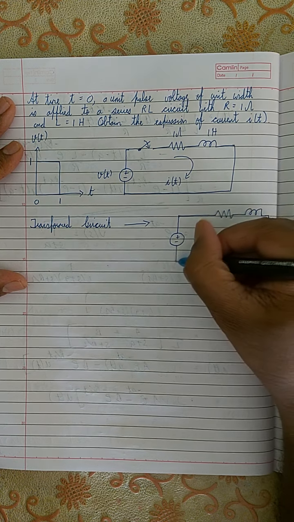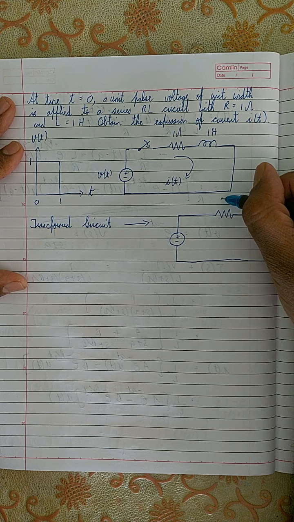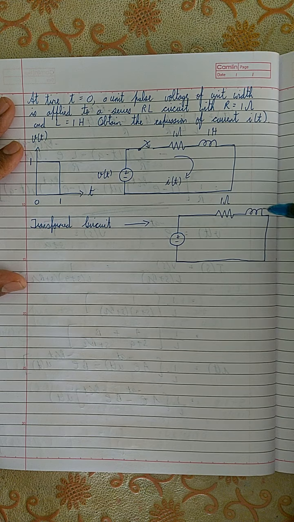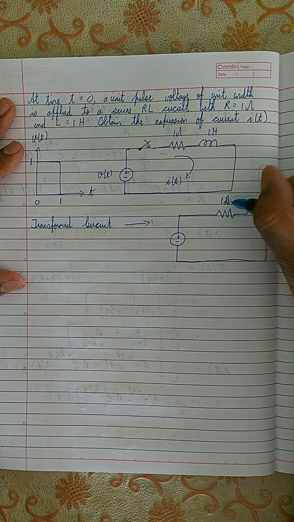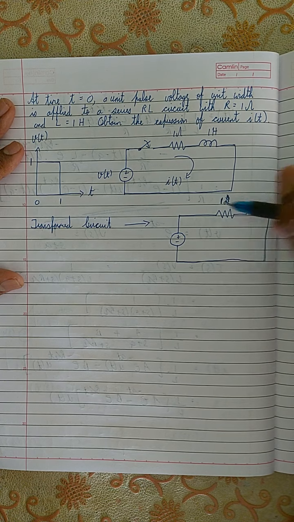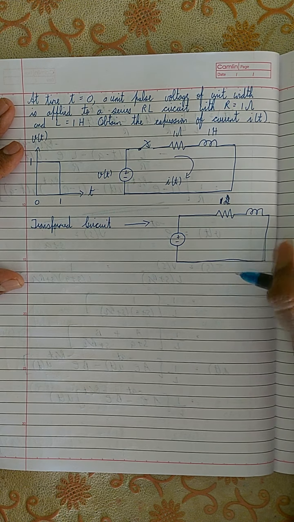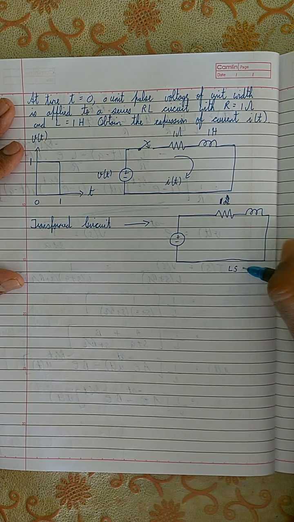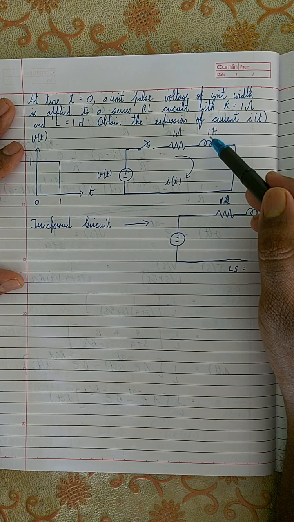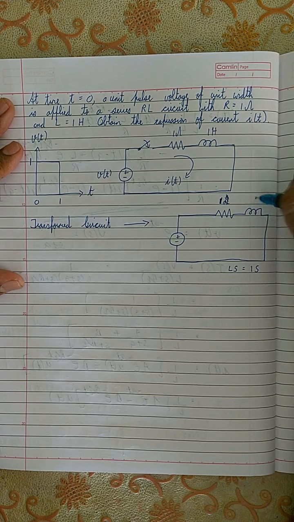The resistor is 1 ohm, and for the inductor you don't have to write the units, just write 1 itself, because this is the transformed impedance. So the impedance of the resistor is 1, and what about the impedance across the inductor? It is supposed to be LS, but here L equals 1 Henry, so it is 1S, or simply S.